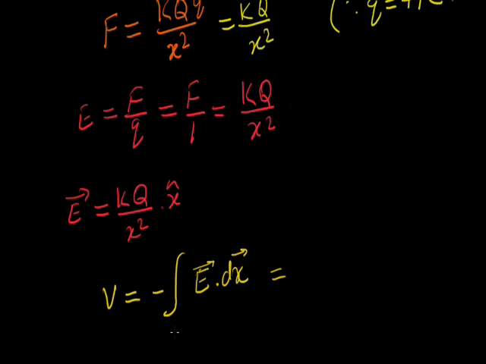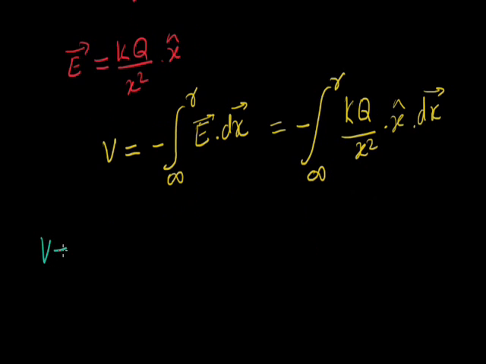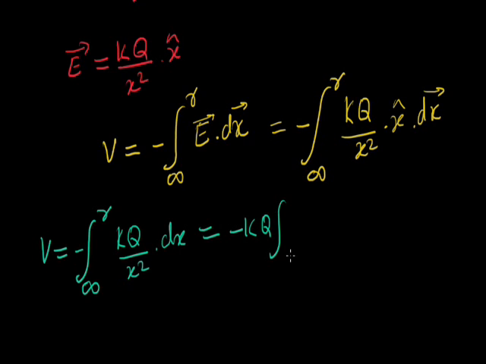The integration is from infinity to r, the potential at point r. So V will come as minus integration from infinity to r of KQ upon x squared dx. KQ is constant here, so integration from infinity to r of x raised to the power minus 2 dx.